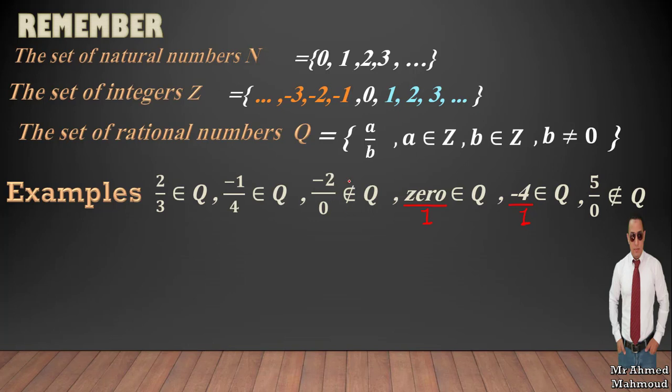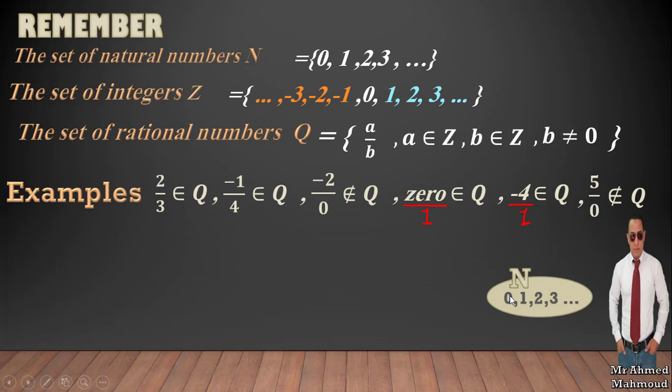Now I can write N, Z, and Q by using Venn diagrams like this. Remember with me the Venn diagrams. A Venn diagram is an oval or rectangle, a shape that includes the sets of numbers. The first set with us is N, including 0, 1, 2, and 3.